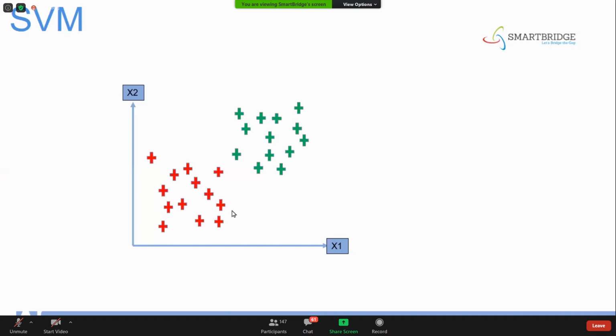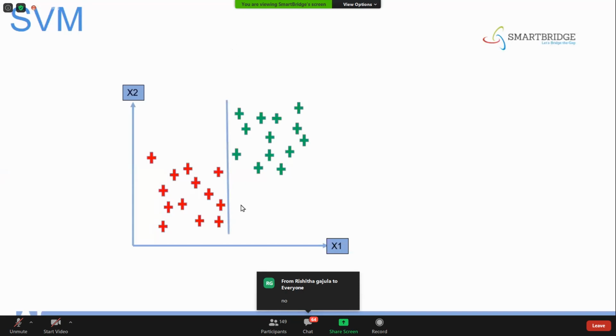Can I linearly separate them? You can separate this, right? Can't I separate with a line like this?